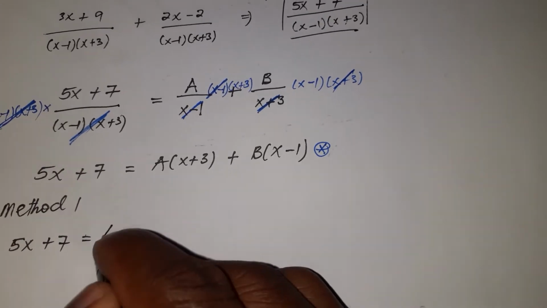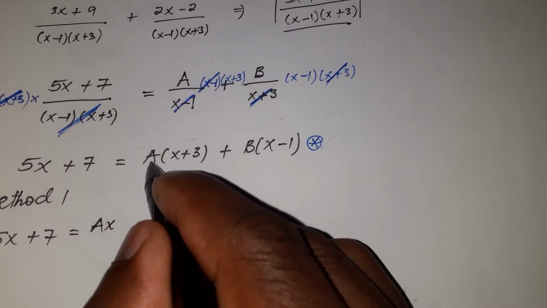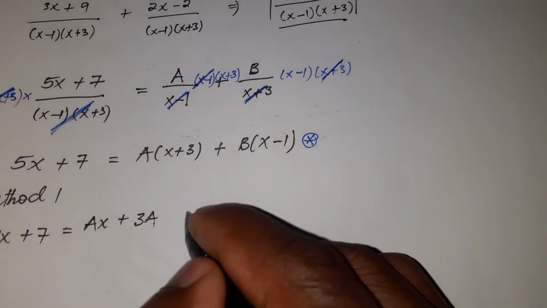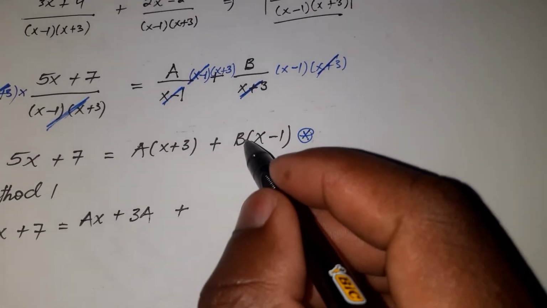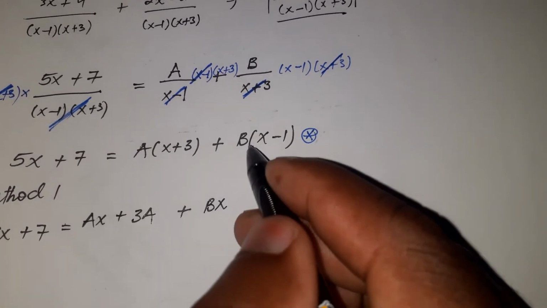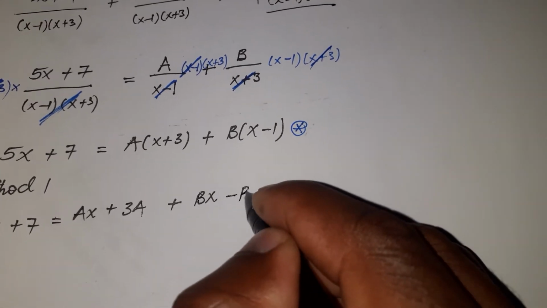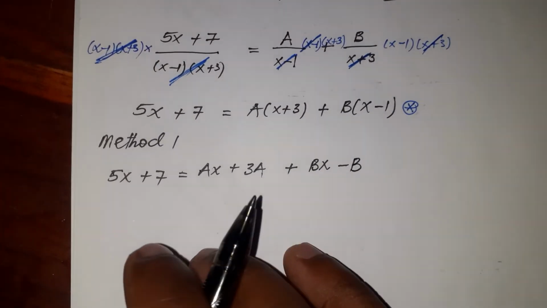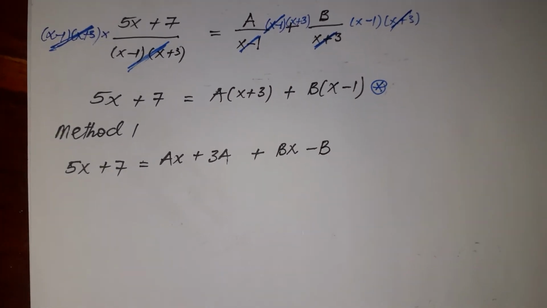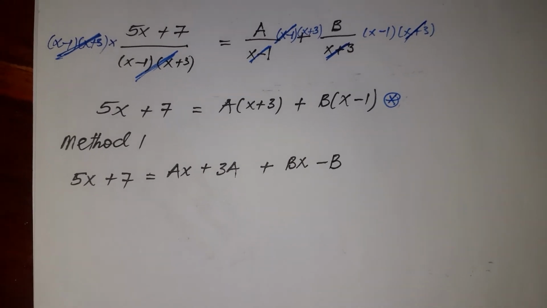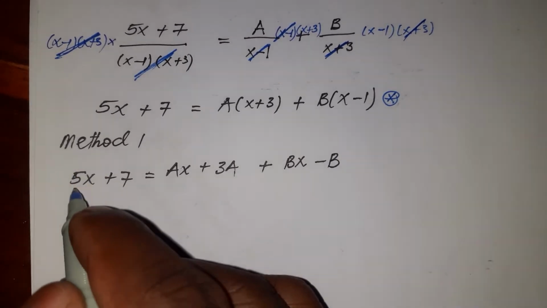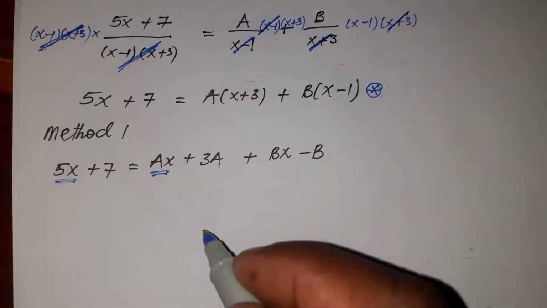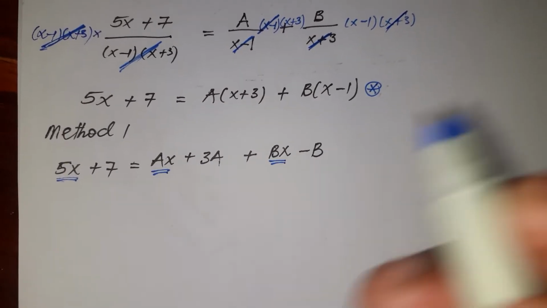A times x we get ax, a times positive 3 we get positive 3a, plus here we get bx, and then b times negative 1 we get minus b. Now from here, what we now have to do is focus on the terms that have x. We have 5x there, we have ax here, and then we have bx. The other terms, let's leave them for now.